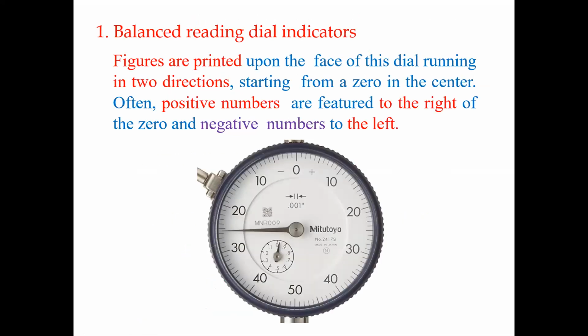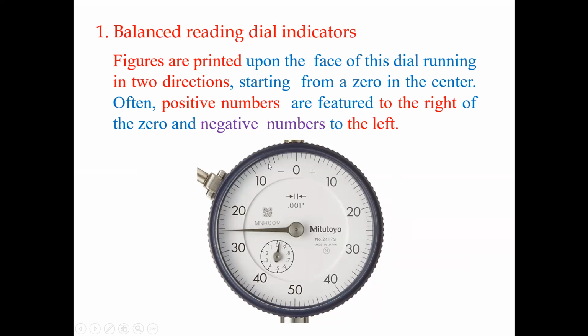First one, balanced reading dial indicator. If you observe here on the dial, the markings are there from here on the right side: 10, 20, 30, 40, 50. Again on the left side, 10 and so on are marked, and the left side is simply negative.